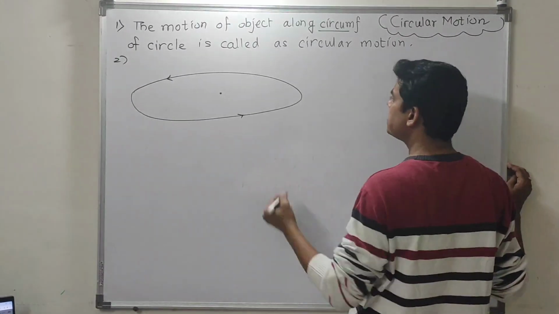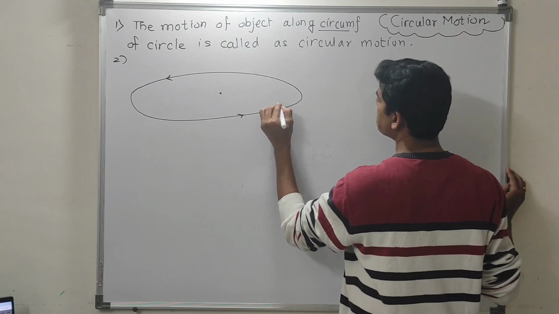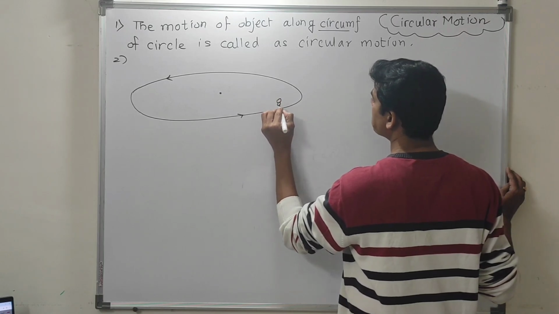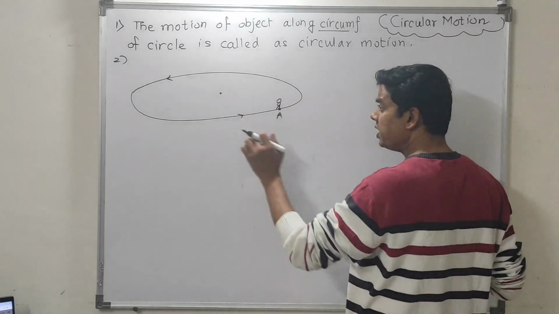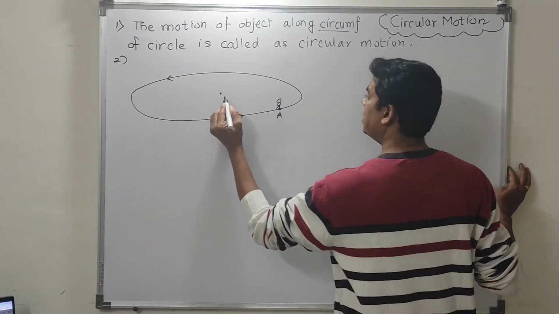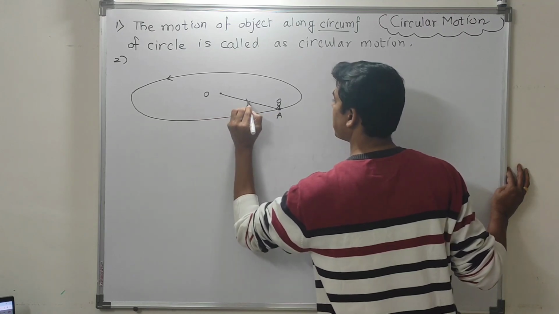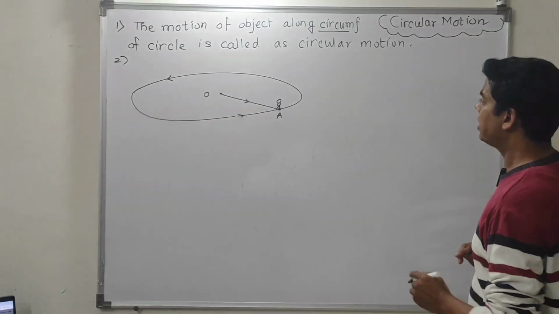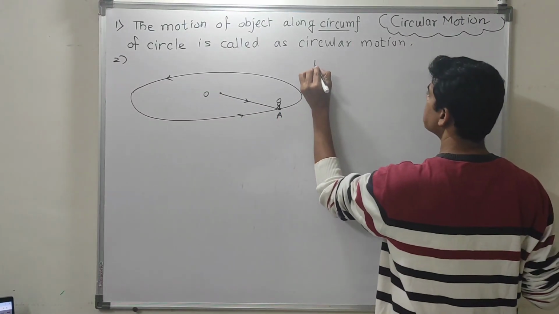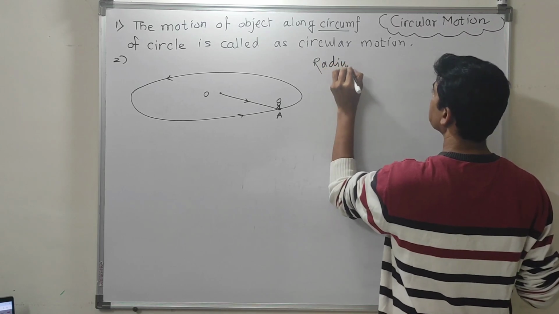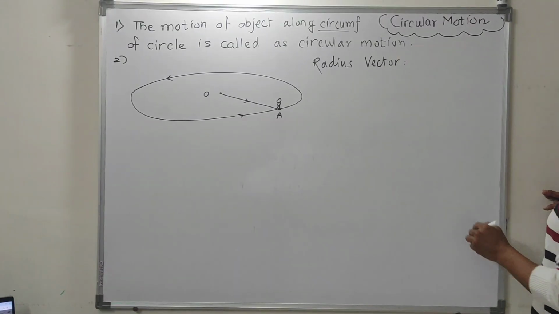On the circumference, let this be the position of the object, point A. Now, the vector drawn from the center of the circle to the position of the particle is called the radius vector. This is an important term regarding circular motion.